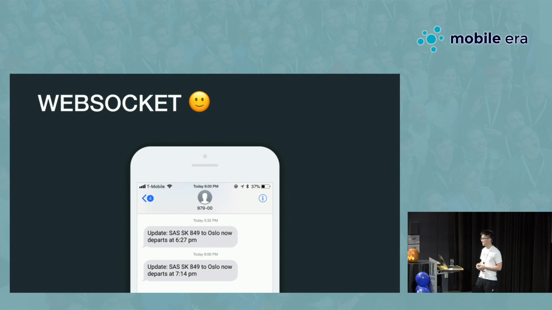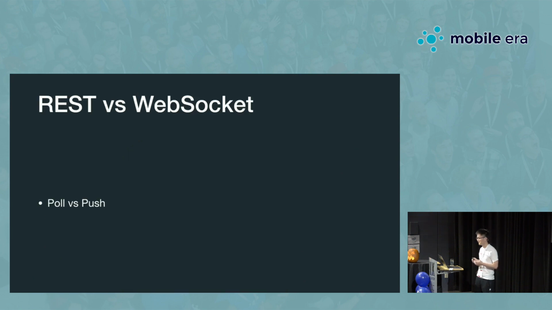The airline can send me flight status updates as it happens. Compared to checking flight status on Google using REST request, this is just like having a WebSocket connection with the airline where flight statuses are sent to you. Essentially, the difference between REST and WebSocket is pull versus push.